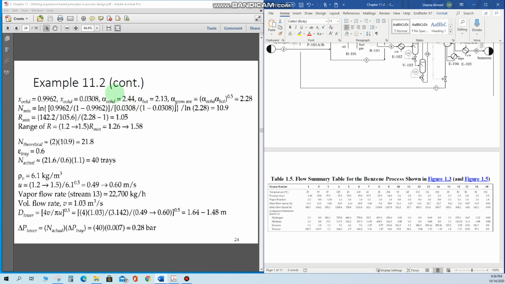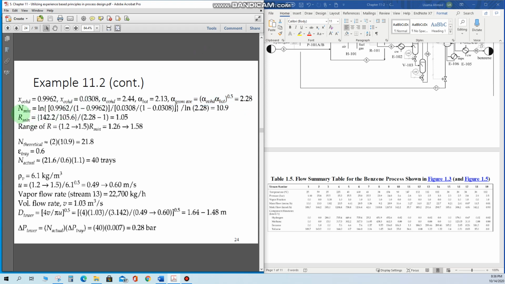The same way, considering the benzene in the overhead stream and benzene in the bottom stream, you have to calculate the relative volatility factor, and then the average volatility factor, which is equal to alpha overhead times alpha bottom, and then take the square root, or power 0.5, which comes out to be 2.28.